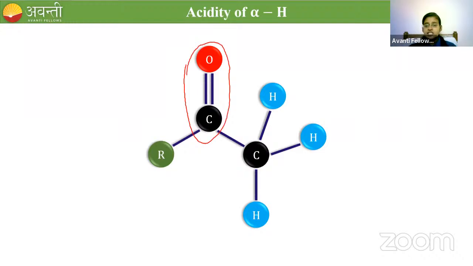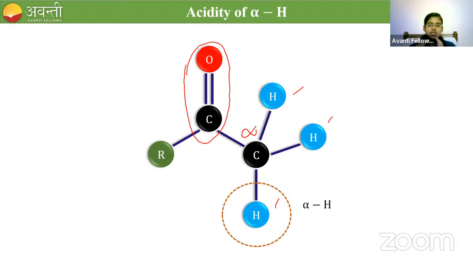The carbon which is adjacent to this carbonyl group is called the alpha carbon. And the hydrogens attached to this alpha carbon are called alpha hydrogens. This is one of the alpha hydrogens and the other two are also alpha hydrogens. Can you all understand which is the alpha carbon? Don't get confused.